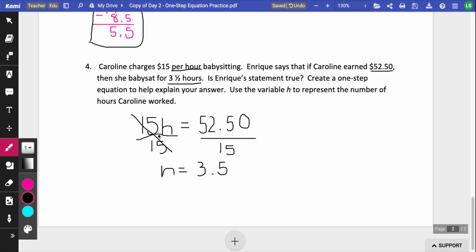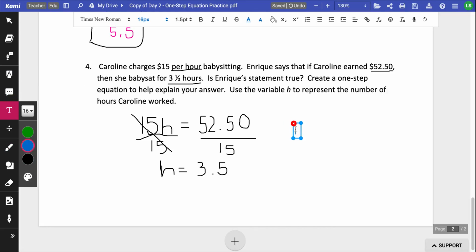So the opposite of multiplying by 15 is dividing by 15. So dividing by 15 on both sides of my equation told me that the hours that Caroline worked to earn $52.50 was 3 5/10, which is in fact equivalent to 3 1/2. So Enrique's statement is true. And you have your work right here to prove how you know that.